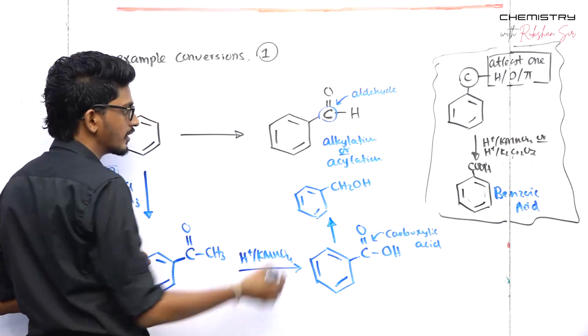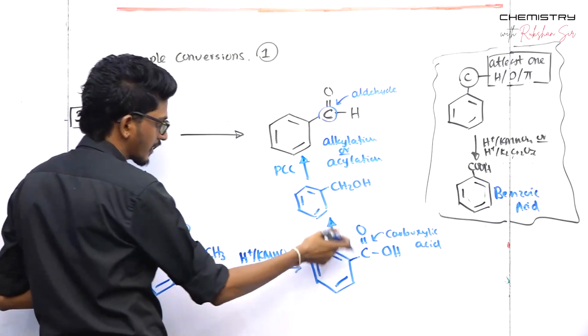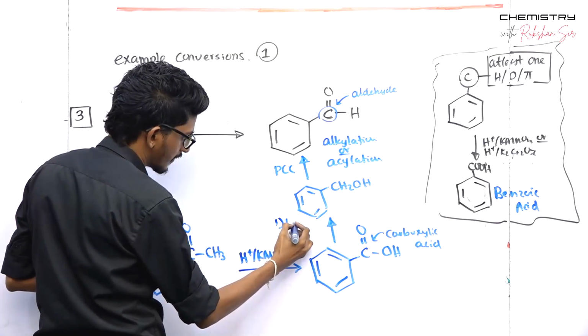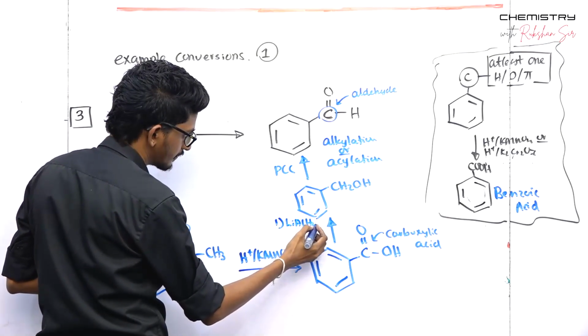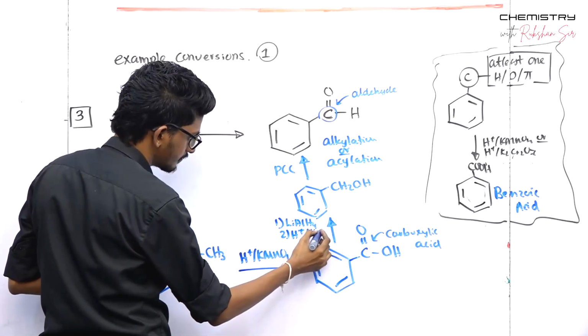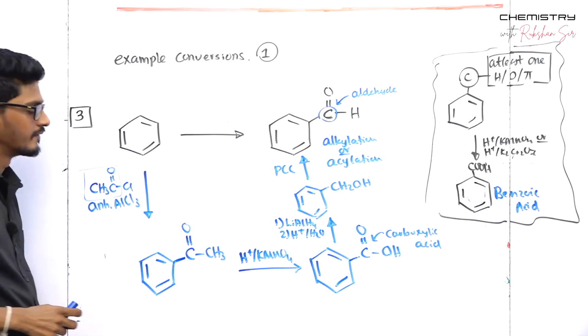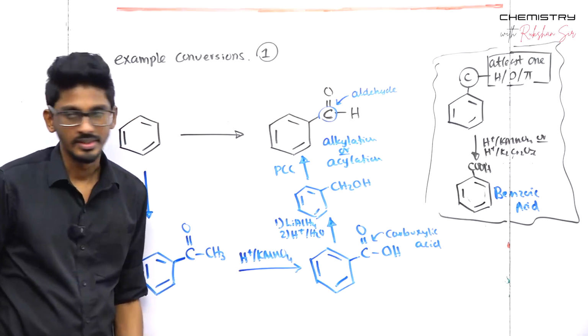That can be converted to the aldehyde by adding PCC. The first conversion can be done by lithium aluminium hydride. So this is how we are supposed to do this kind of a conversion.